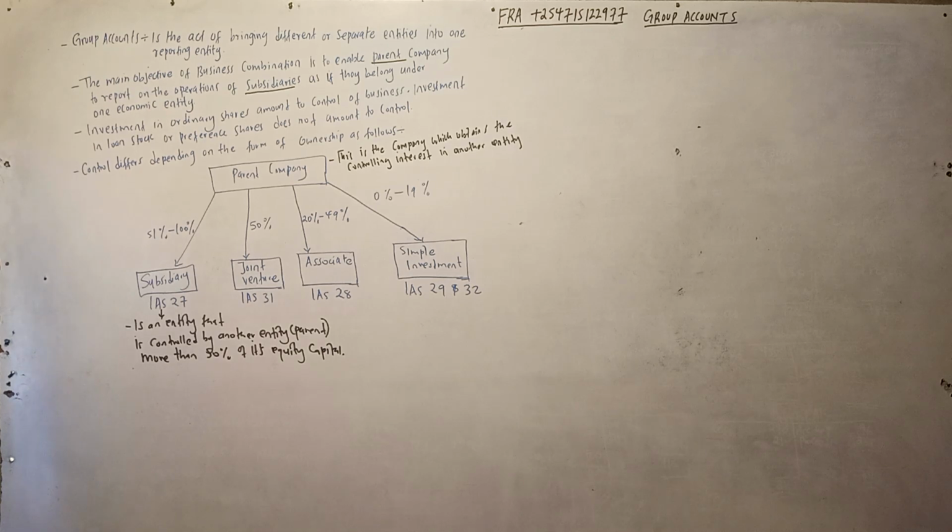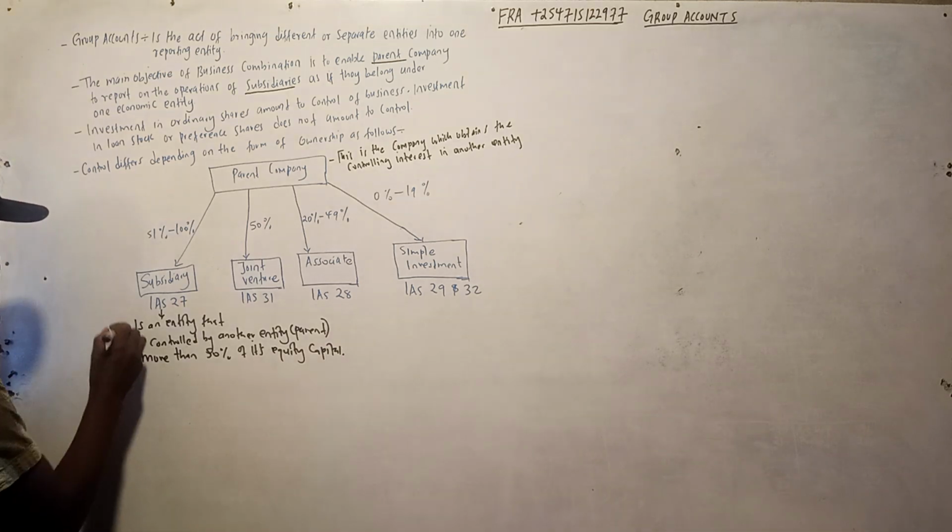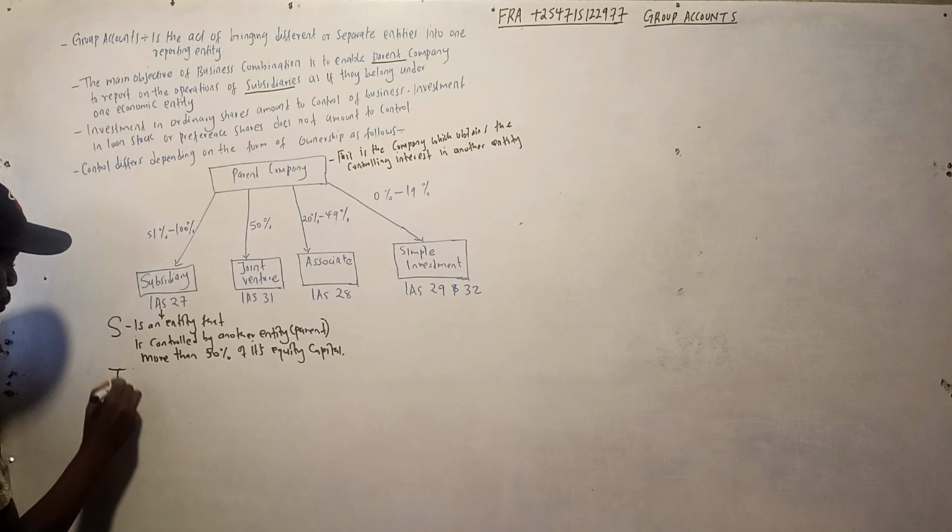We can also find another definition of a joint venture. So the first one was subsidiary. The second one is joint venture.